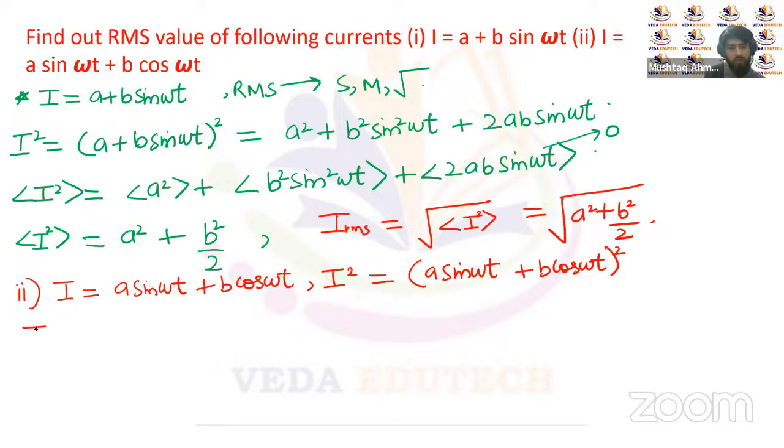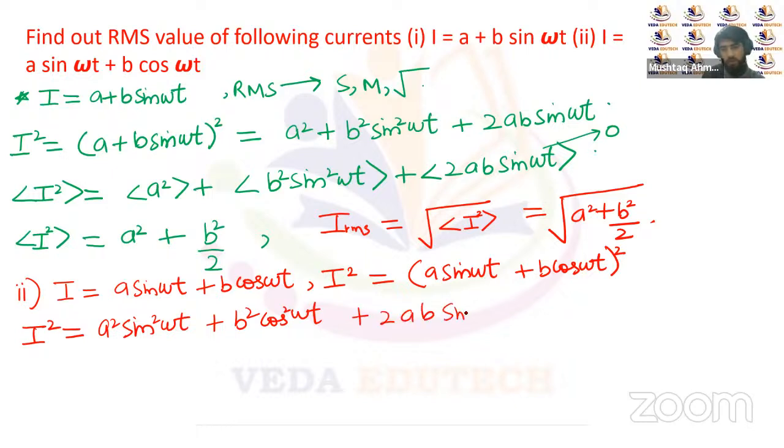The square of this current is equal to A square sine square omega t plus B square cos square omega t, and then 2 times AB sine omega t cos omega t.